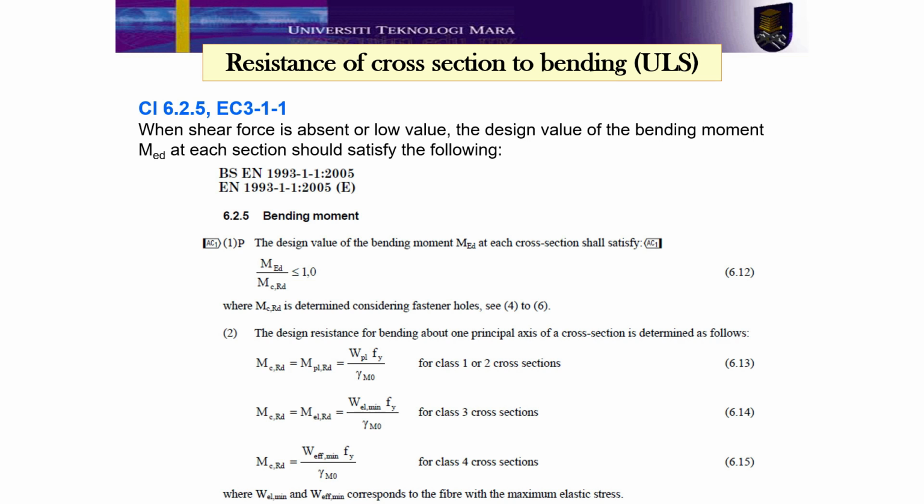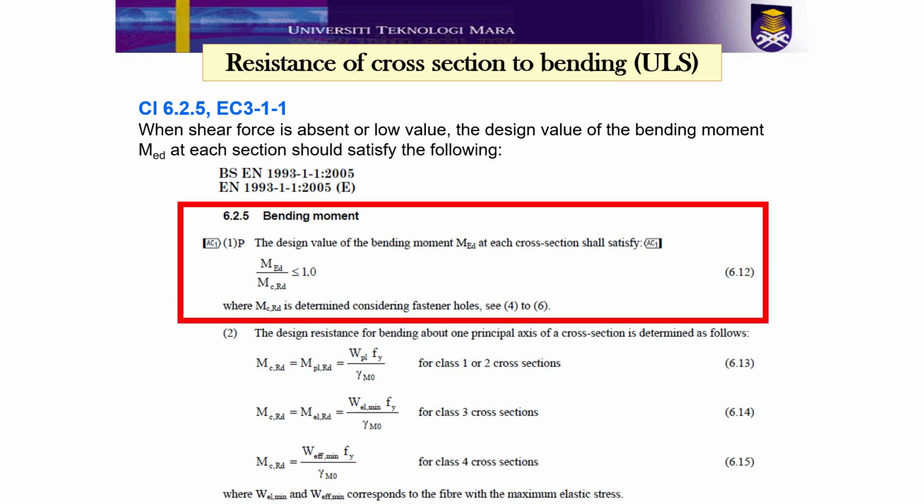Clause 6.2.5, EC3 Part 1.1, stated that the design value of the bending moment, MED, at each cross-section, shall satisfy as shown in equation 6.12, in which MCRD is the design resistance for bending moment. The selection of the MCRD depends on the cross-section classification of the designed beam.